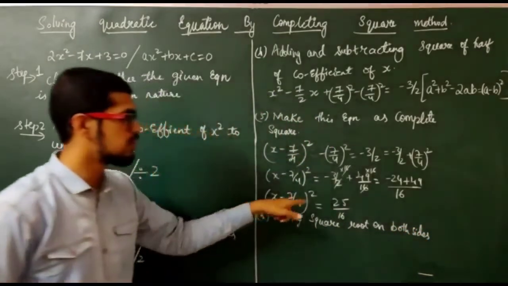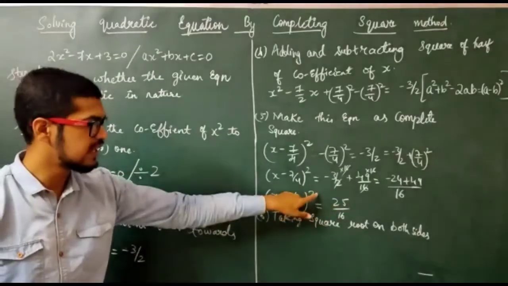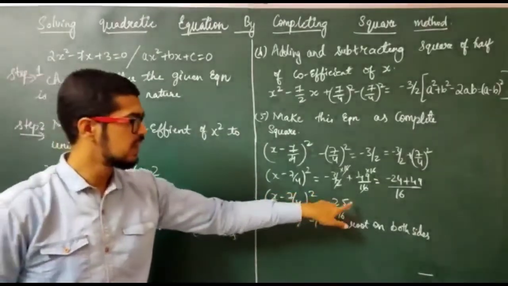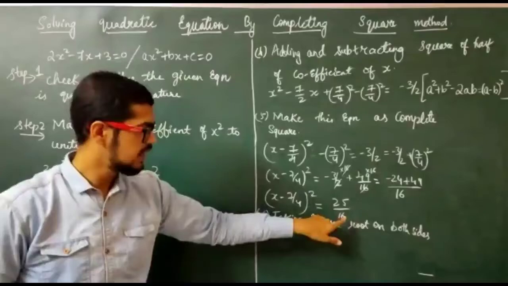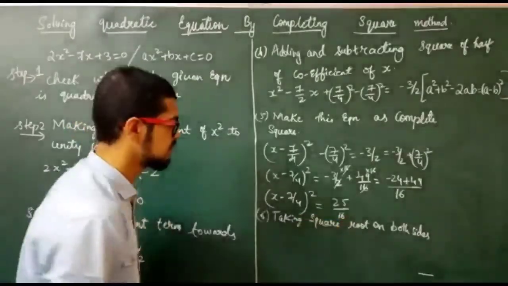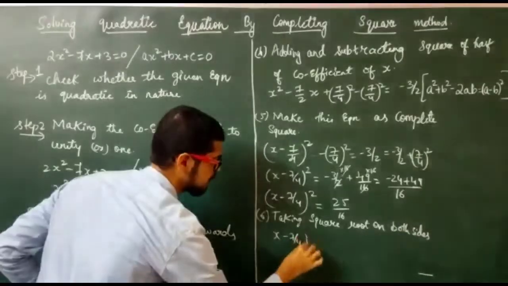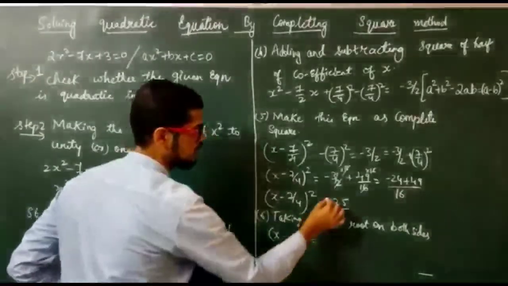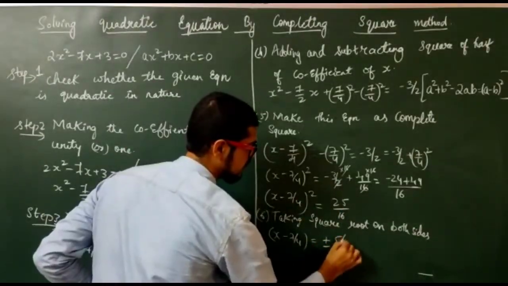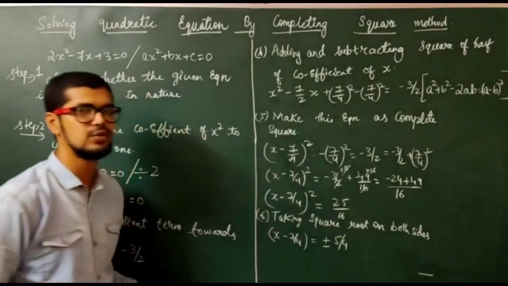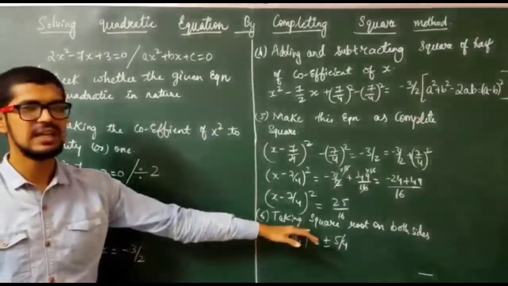So if I take square root on both the sides, this square and square root will get cancelled, and this 25 will become 5 and this 16 will become 4. So this is x minus 7 by 4 is equal to plus or minus 5 by 4. Now this is my last step.